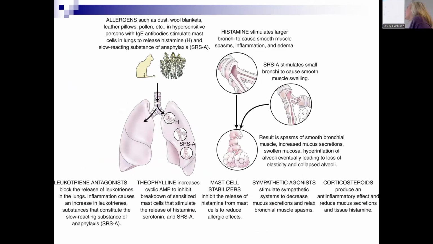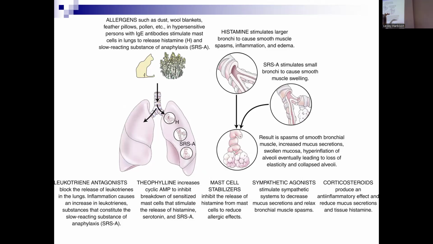Oh gosh, there's a lot of writing on this slide. Whenever I find these types of slides, it's not so much that I need you to memorize it, but now that we've looked at leukotriene antagonists, and you can ignore theophylline because we didn't learn about it, there are mast cell stabilizers, sympathetic agonists, corticosteroids, histamine. If you read through it, you will find some overlap with what I've talked about in other slides.